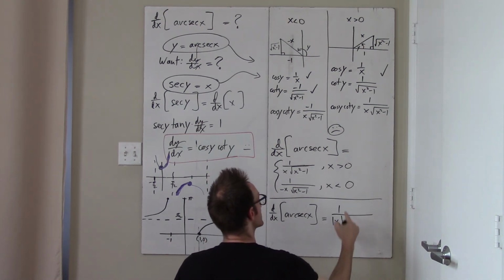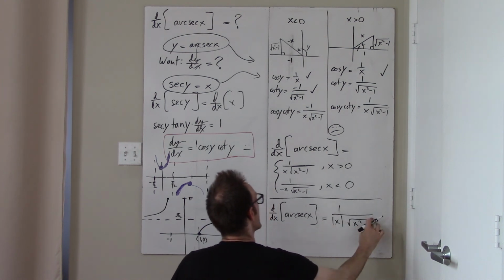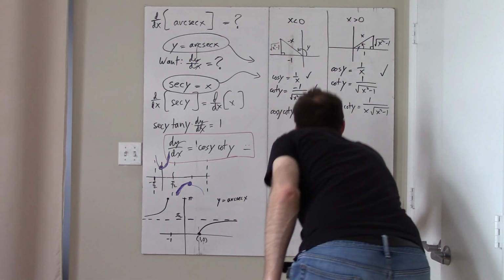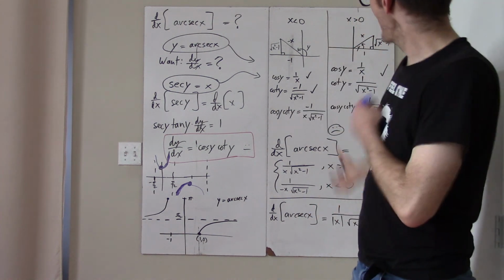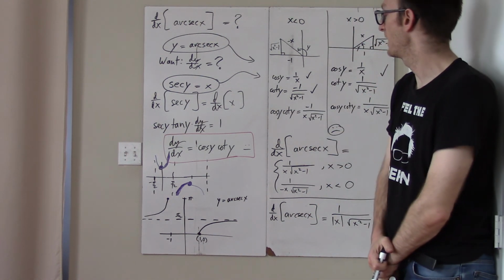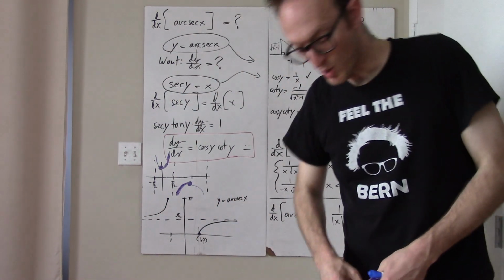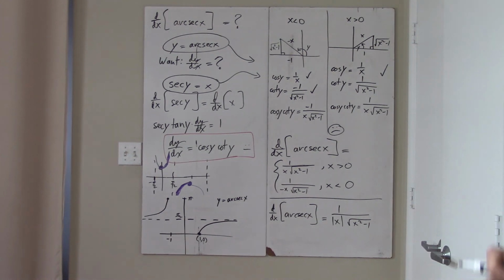And so this is 1 over absolute value of x, root x squared minus 1. So that it's automatically positive, which, as we've seen graphically, the derivative of arcsecant is always positive. Okay, this explains why the arcsecant derivative has an absolute value in it, which is kind of a mysterious fact. Okay, good.